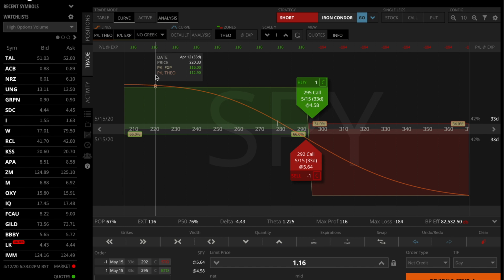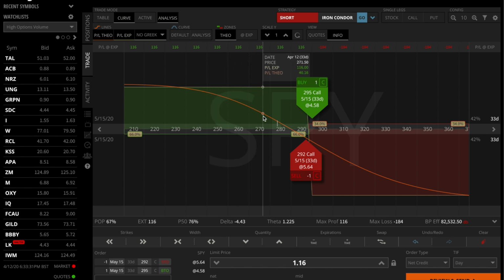Because the option pricing doesn't only depend on the underlying stock or ETF, it also depends on the time until expiration and the implied volatility of the option. Those three factors are the major factors that influence the profit and loss of a position. So that's why we have a difference between the profit and loss at expiration and the theoretical profit and loss now, because it refers to today.